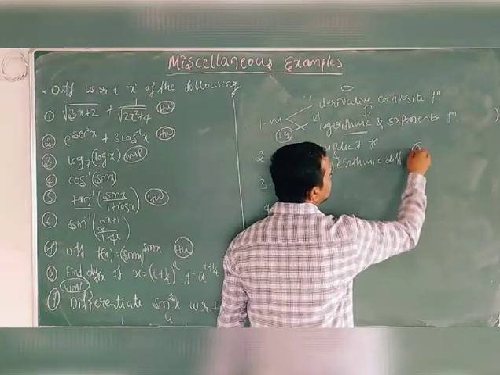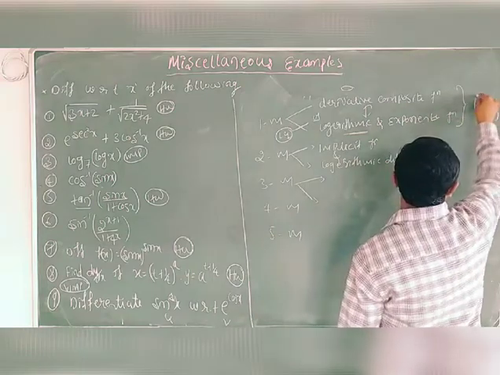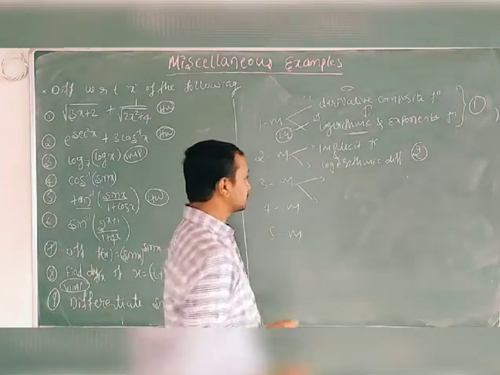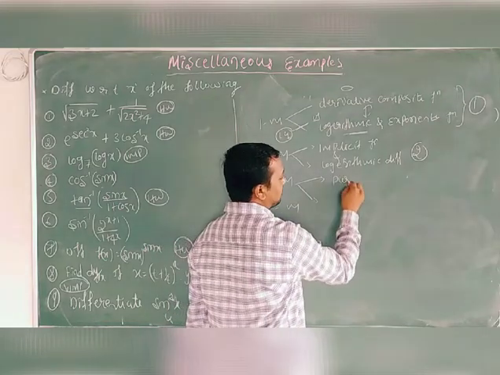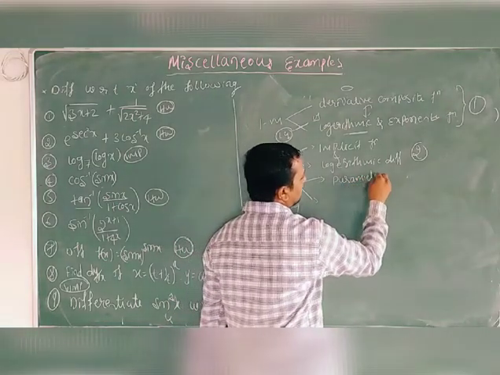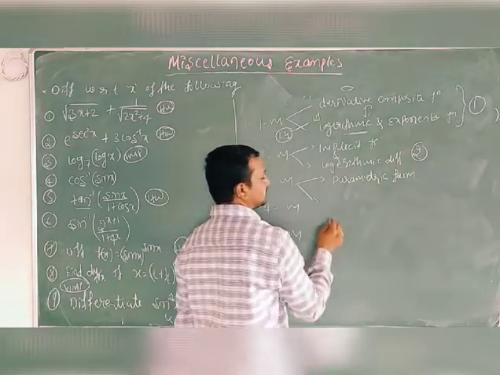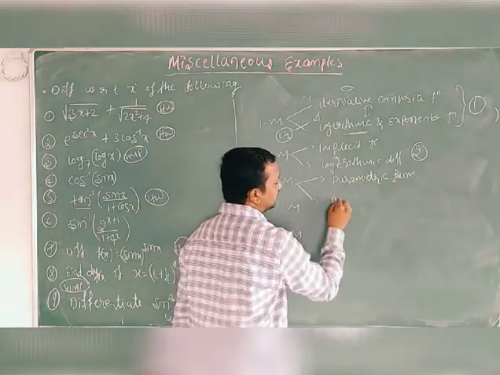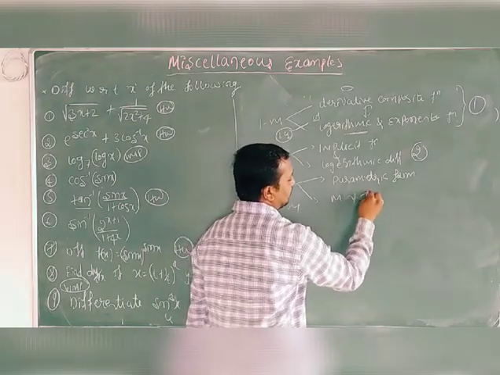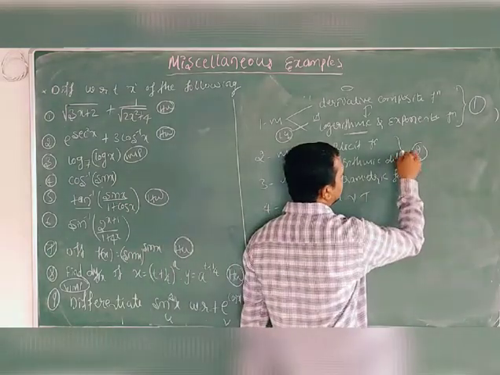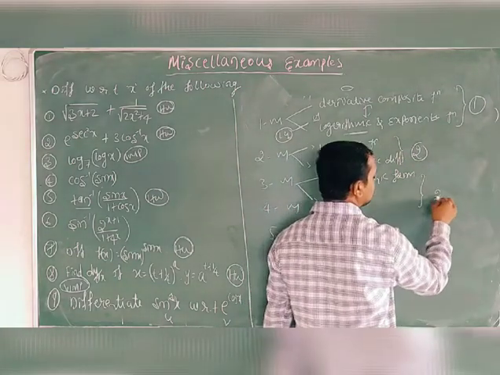One is parametric form, and the other is mean value theorem. Here also there are 2 questions.